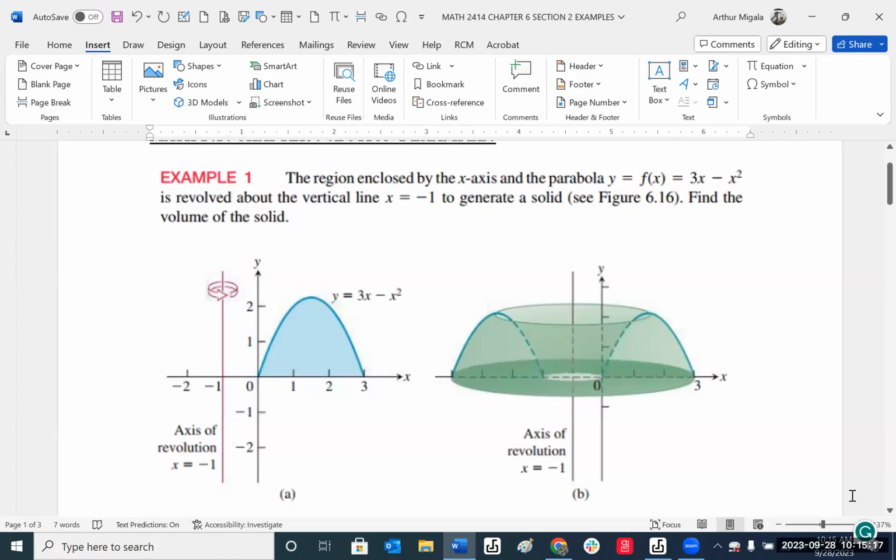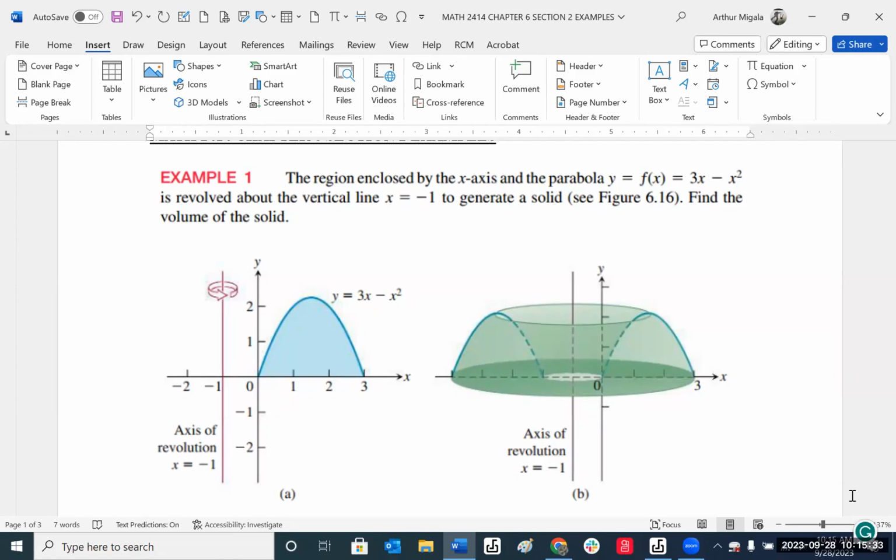The region enclosed by the x-axis and the parabola f of x equals 3x minus x squared is revolved around the vertical line x equals -1 to generate a solid.